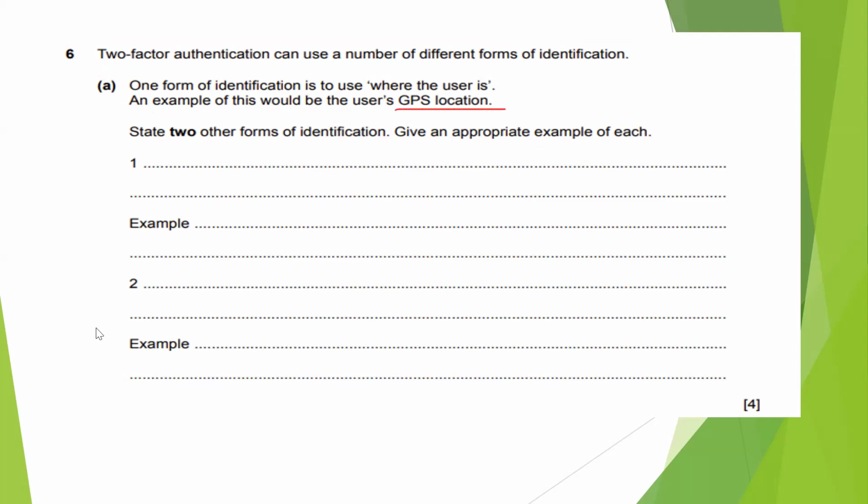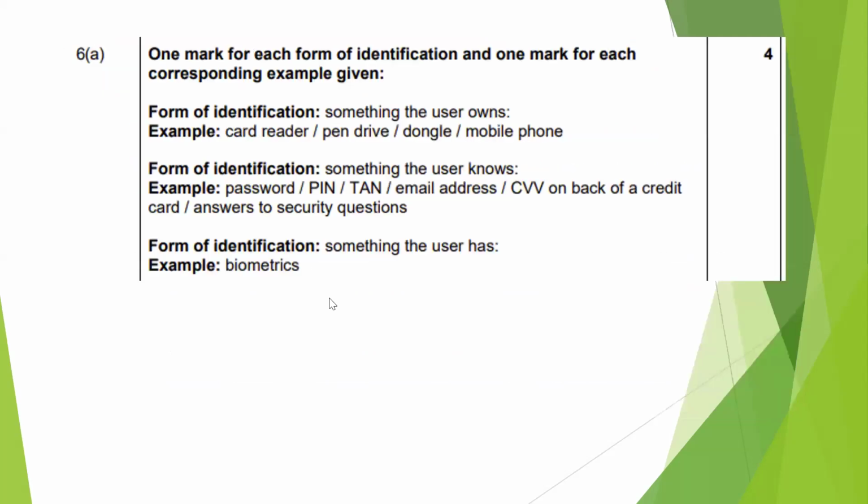Now here you can see something the user owns. Example: card reader, pen drive, dongle, or mobile. Another form of identification: something the user knows, like a password, a PIN, TAN, email address, CVV on the back of a credit card, answer to a security question.